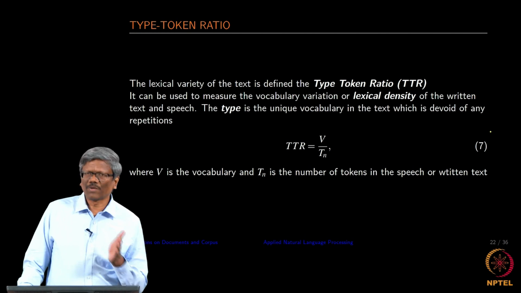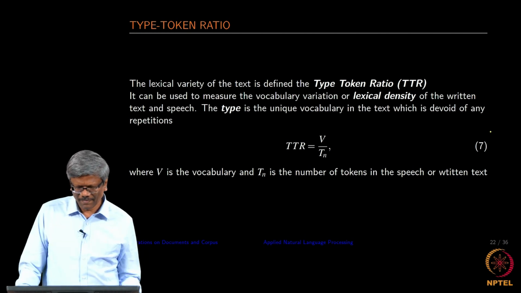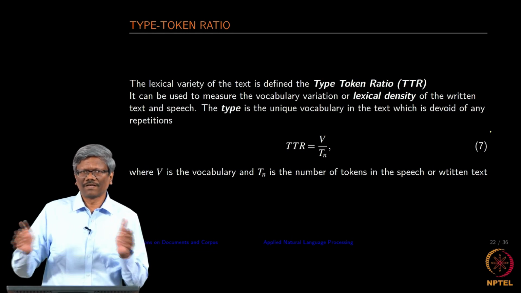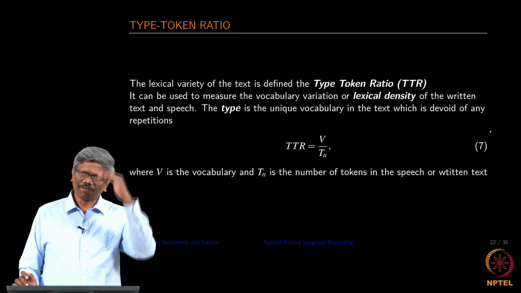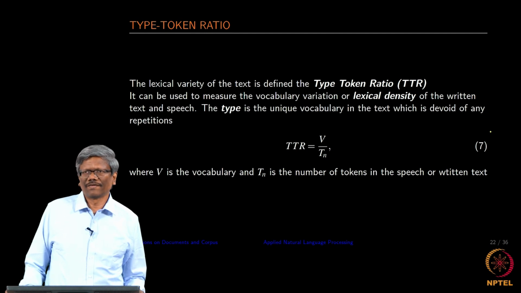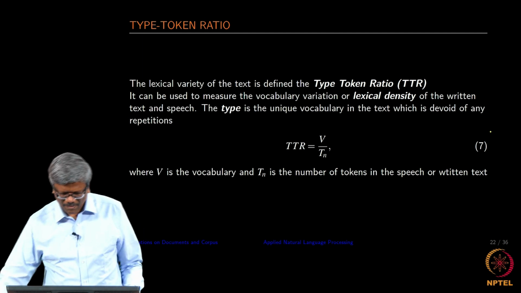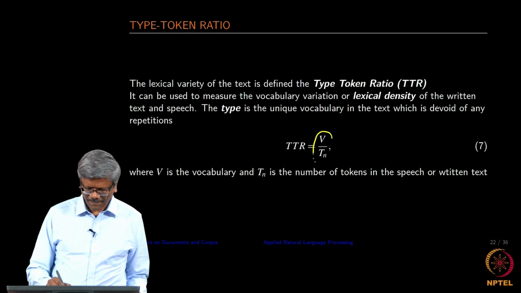The type is nothing but your vocabulary, the unique set of words. You have a total count of the number of words in a document, and then you have a unique set of words. When you create a ratio out of V and N, what you get is the TTR.